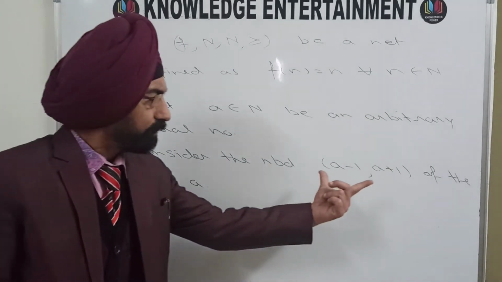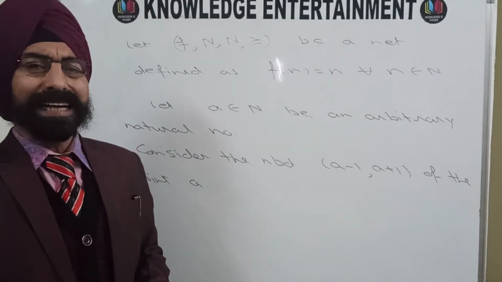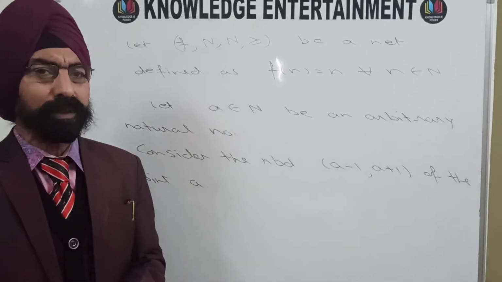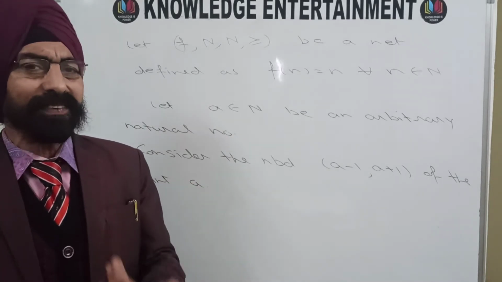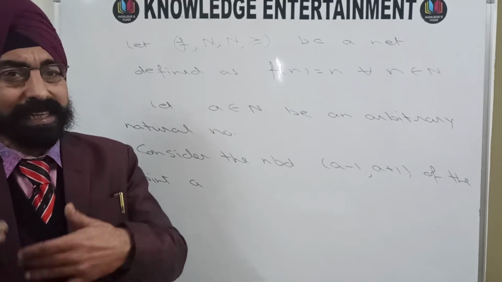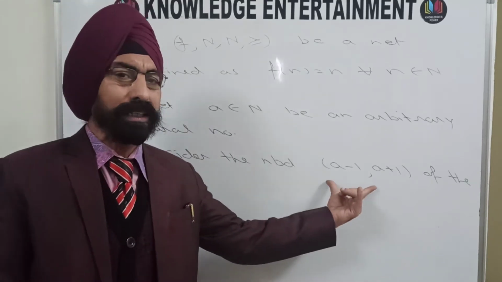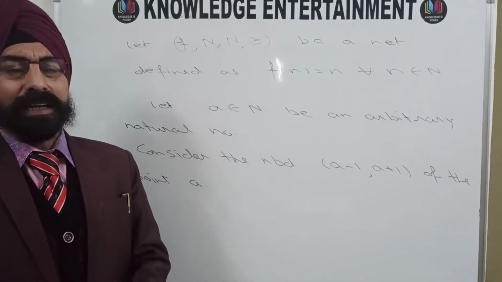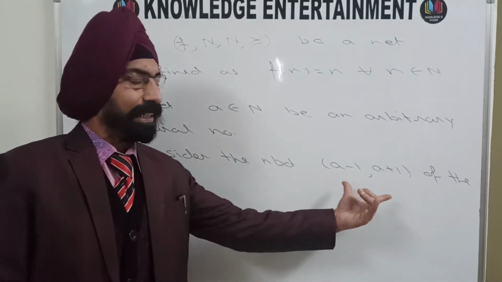I have taken a particular neighborhood, and if a is a cluster point of f, then f must be frequently in every neighborhood. Since f is frequently in every neighborhood, then f must also be frequently in this neighborhood. And we will show that f is not frequently in this neighborhood.